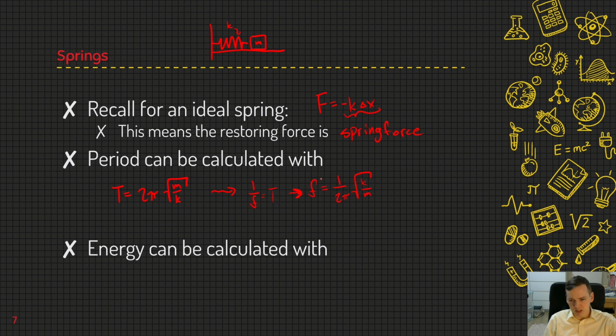You're going to expect it to go back and forth more times if it's stiffer, and you're going to expect that it's going to go back and forth fewer times if there's more mass attached to it.